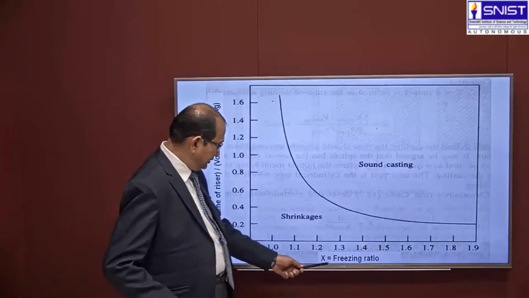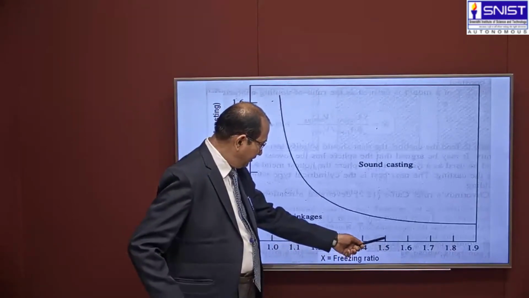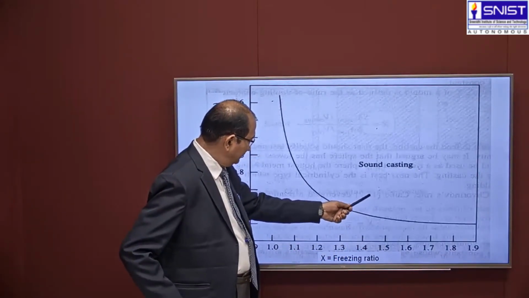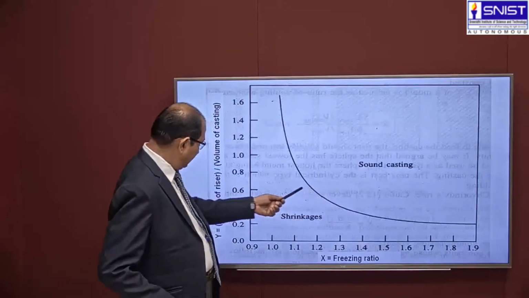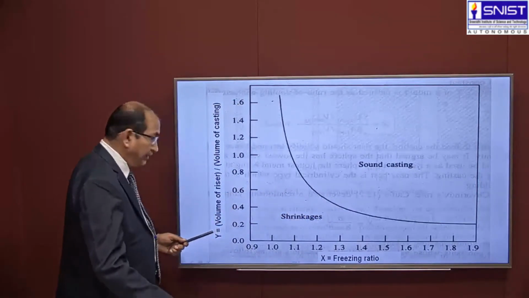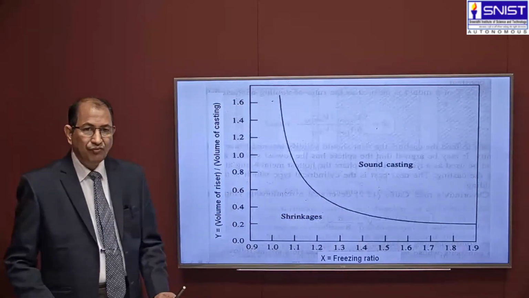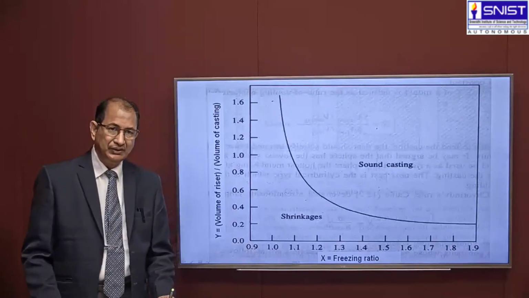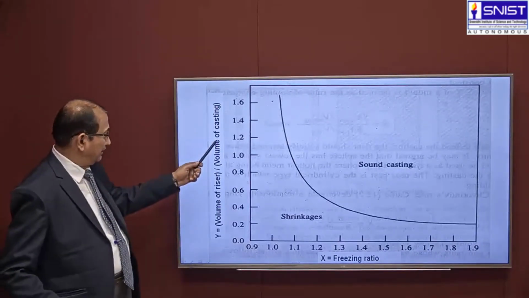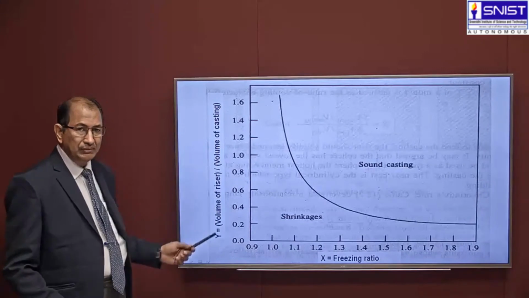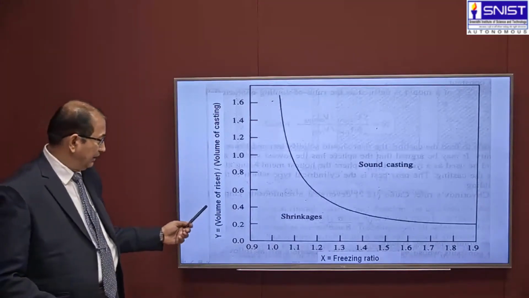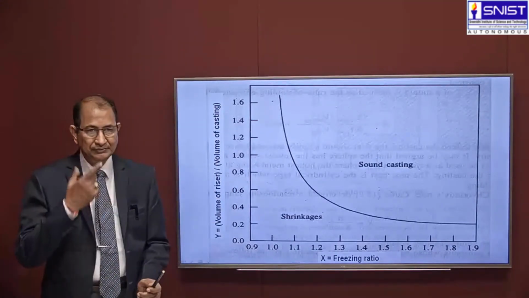So suppose my freezing ratio after calculation is 1.5, I would like to be somewhere in this area, so I read it horizontally, 0.6 let's say. So 0.6 should be the volume of the riser divided by the volume of the casting. We know the volume of the casting. The volume of the riser can be calculated based on this 0.6 value.